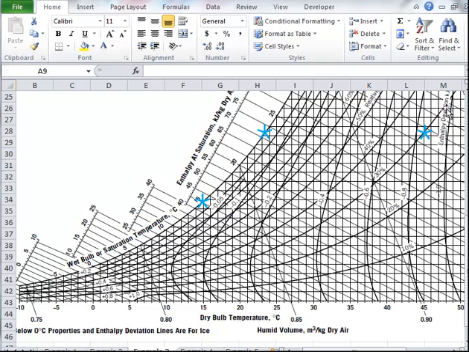Then I'm going to cool it at constant humidity because the mass of the vapor and the air will not change just because I'm cooling it until I reach the saturation curve. So at this point, the temperature is 23.5 degrees. I haven't gotten all the way down to 15, but I start with the condensing water.